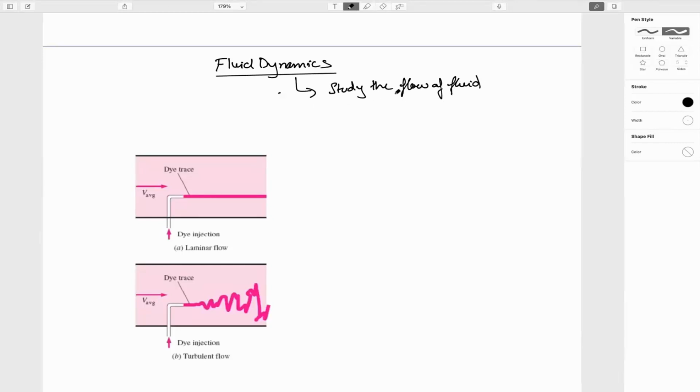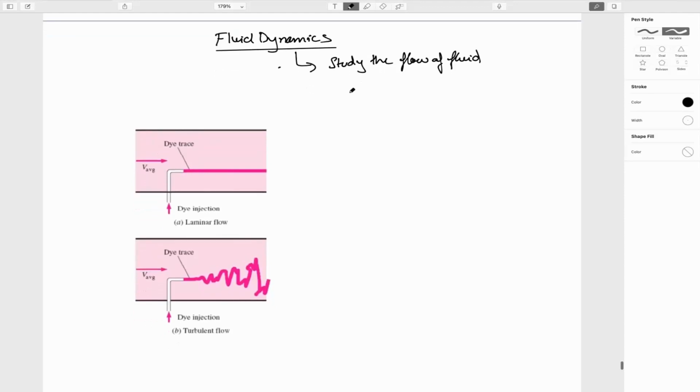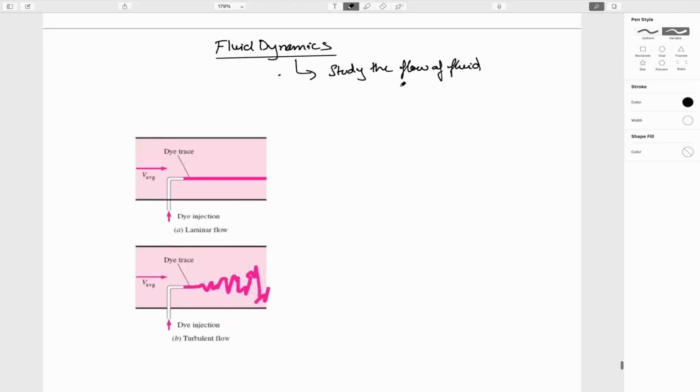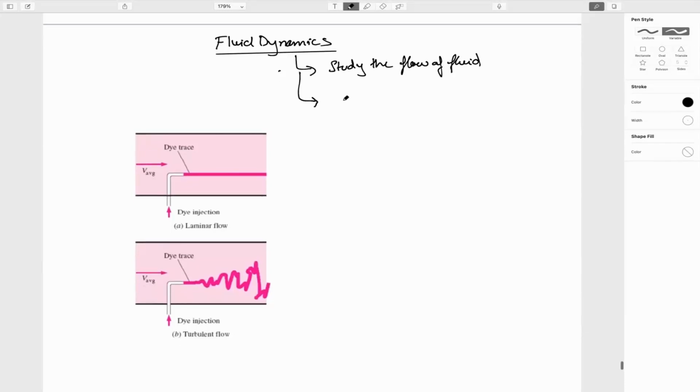Here, fluid is not at steady state. I have already told you the difference between fluid dynamics and fluid statics. So here we will be discussing the flow of fluid. The fluid is no longer at a steady state. And we will learn about the fluid dynamics of ideal fluid as a part of the course.